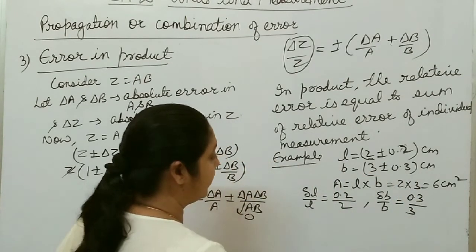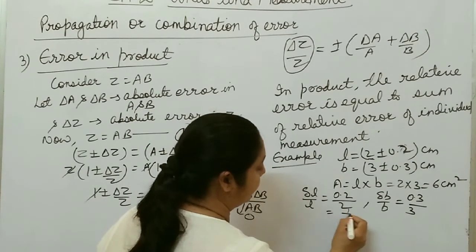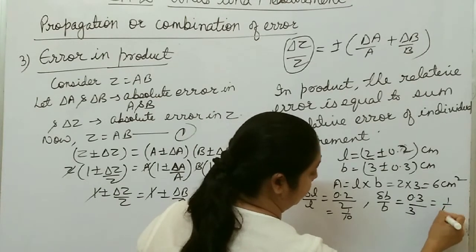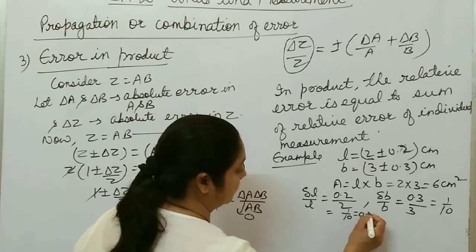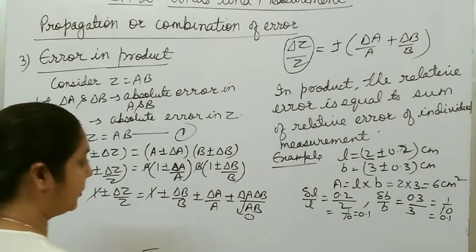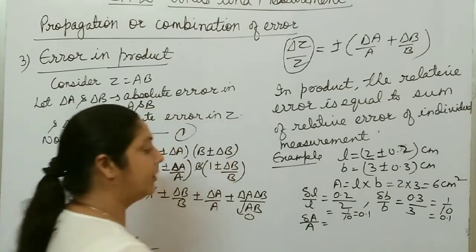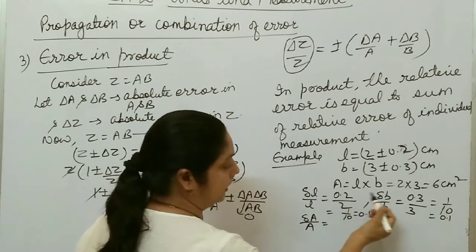In this way you calculate this one, you get here 1 by 10 and here again 1 by 10, right? So this becomes 0.1 and this also becomes 0.1. Now you have to calculate the relative error in area, delta A by A. How do you calculate delta A by A? Okay, delta A is what?